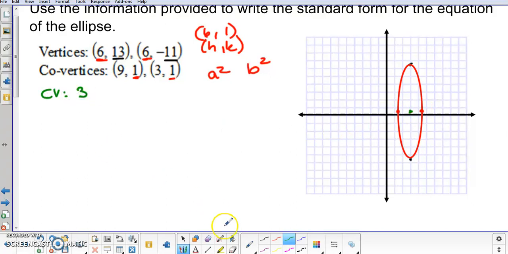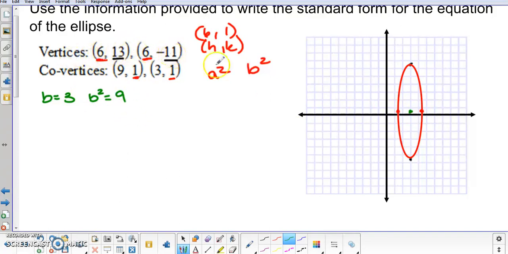So b equals 3, because I'm counting from my center to my co-vertex. That means that b squared is going to be 9.